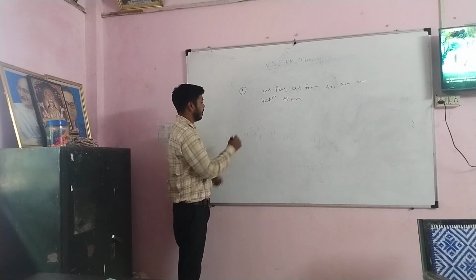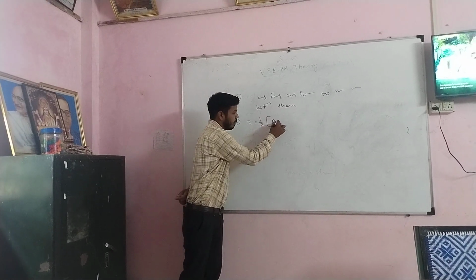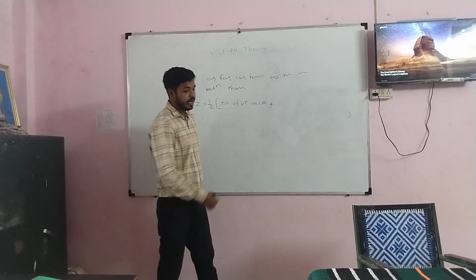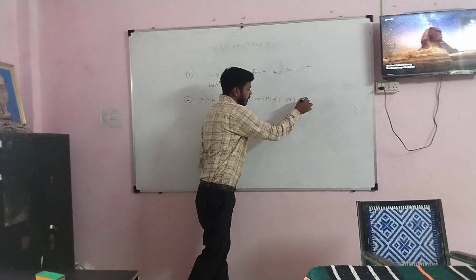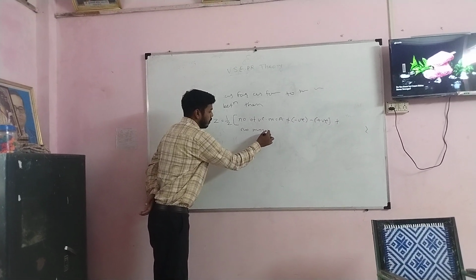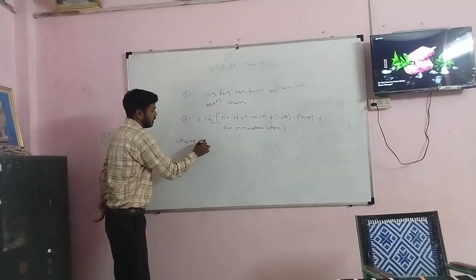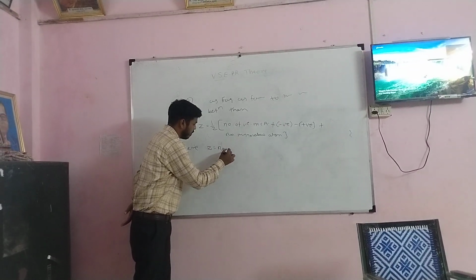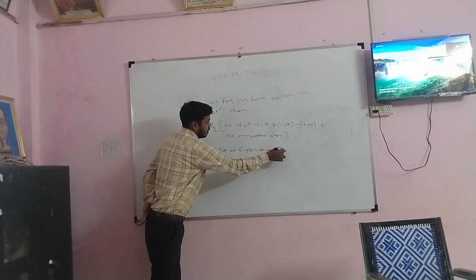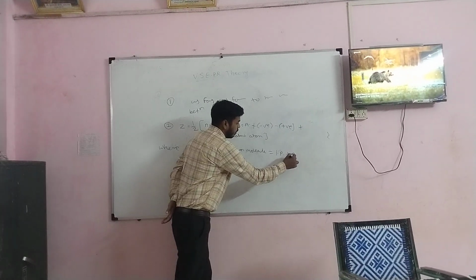The second rule of VSEPR theory is Z is equal to 1 by 2 times the number of valence electrons on the central atom, plus any negative charge on the molecule, minus any positive charge on the molecule, plus the number of monovalent atoms. Here Z is the number of electron pairs on the molecule, which is equal to lone pairs plus bond pairs.